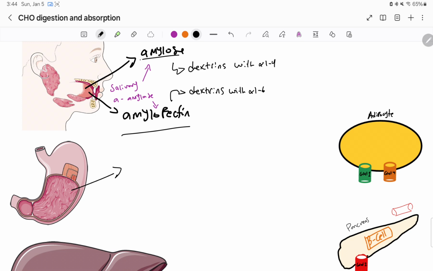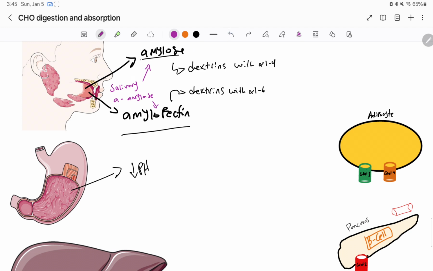Well, yes and no. Salivary alpha amylase, if you remember, I told you works best at a more alkaline pH. And we know that the stomach is very acidic. Okay, so the stomach has a low pH. So salivary alpha amylase will continue to break down these amylopectins and amylose until the pH of the stomach gets too low and inactivates alpha amylase.